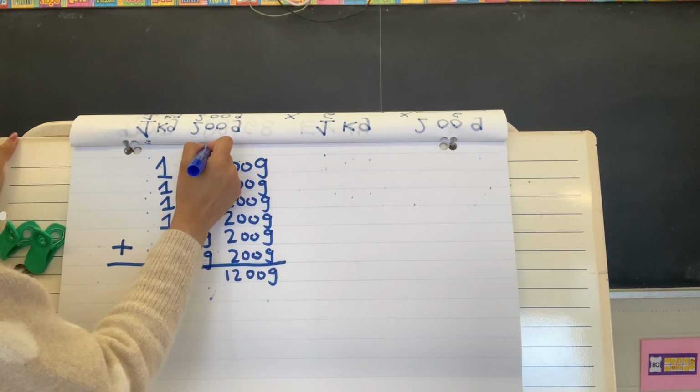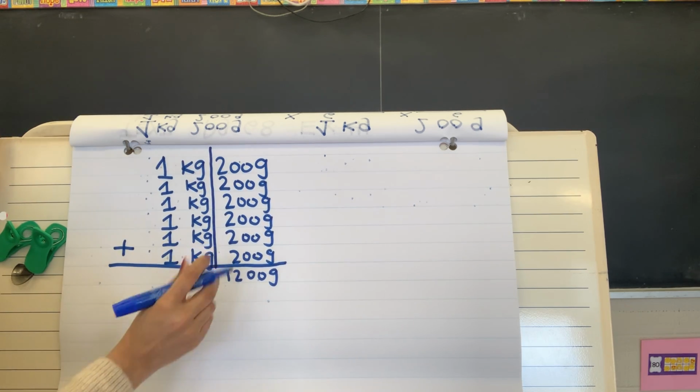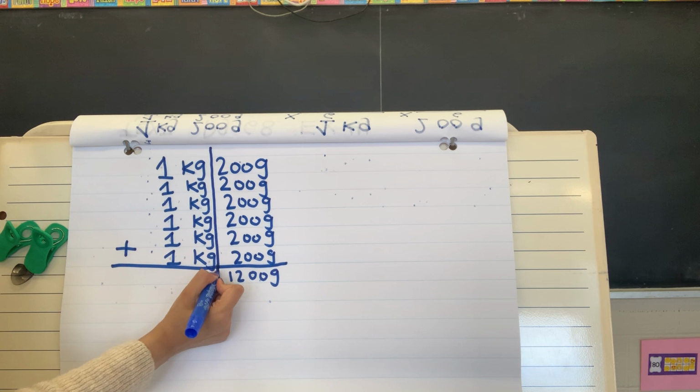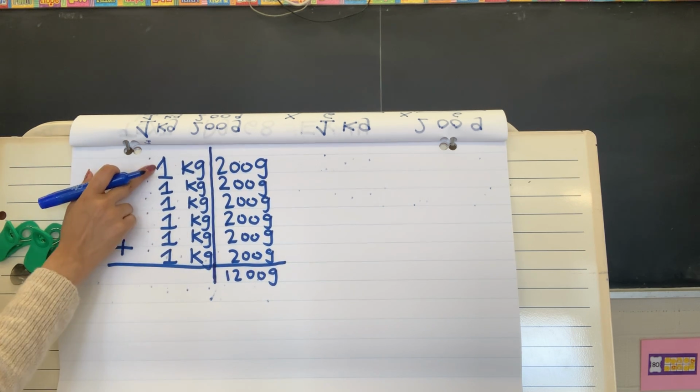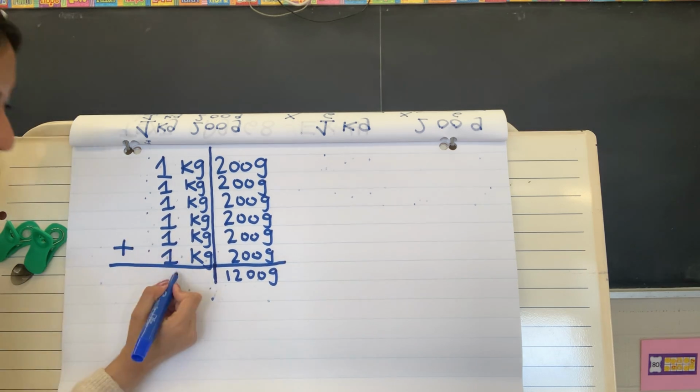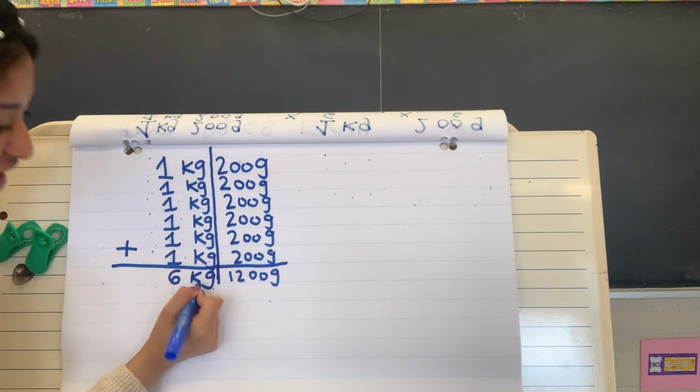But just so you see, how would we convert it? So I have 1200 grams here, and 1, 2, 3, 4, 5, 6, 6 kilograms.